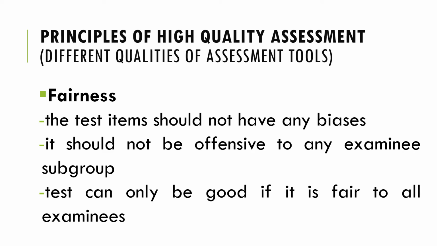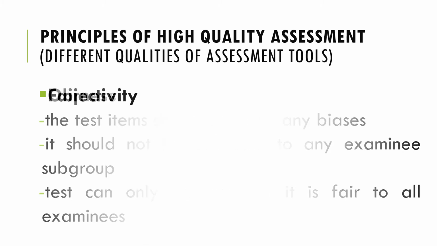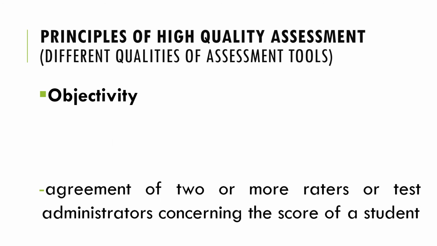This particular type of assessment conforms to the term fairness. Because not all students are good at multiple choice. Not all students are really good at essays. That is why the exam should be fair. It should not be discriminating. Okay. Next is objectivity.